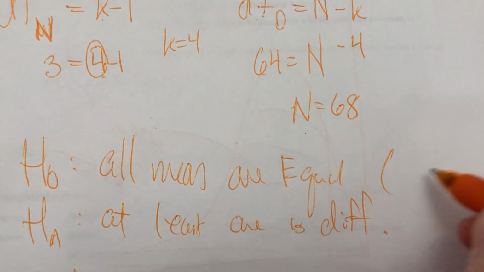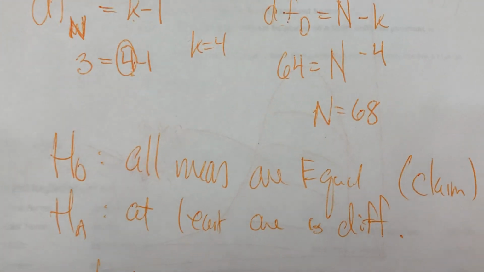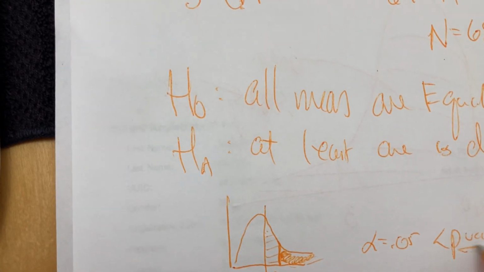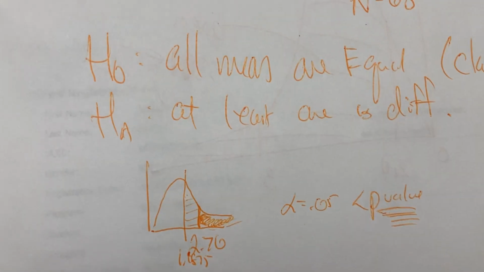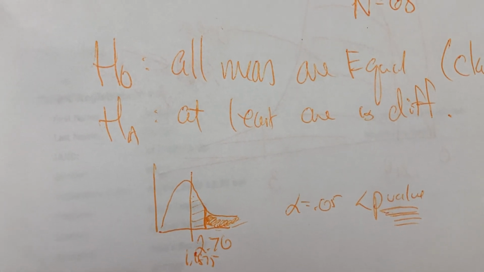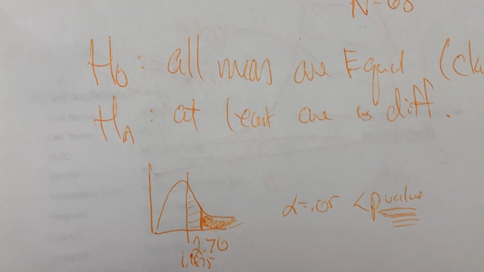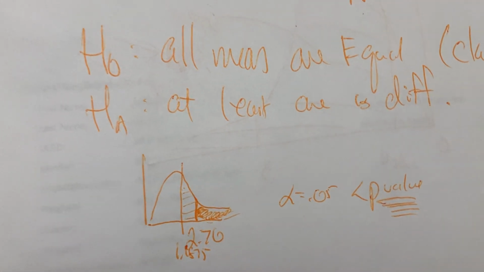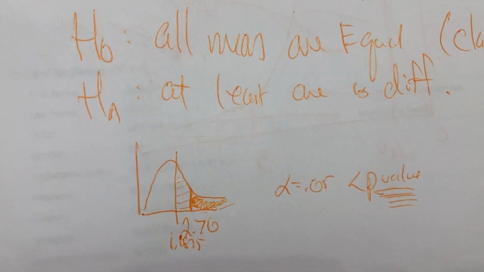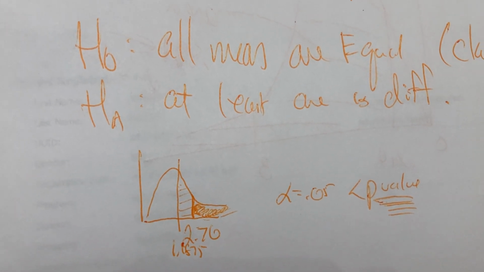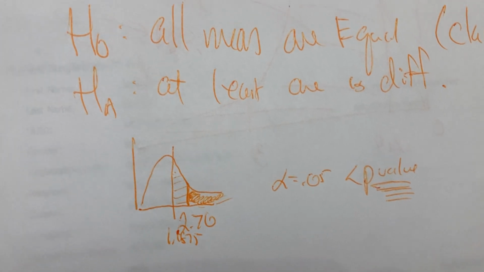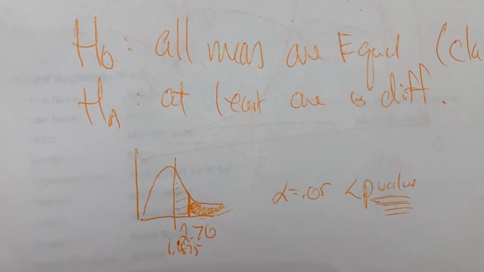So this is our claim. We are claiming this one. So again, our calculator will give us the p-value. That's always required, but we don't have it because we don't have the raw data. There is a way using an F calculator to be able to get that p-value, but I don't require you using that calculator because your calculator generates your p-value for you.